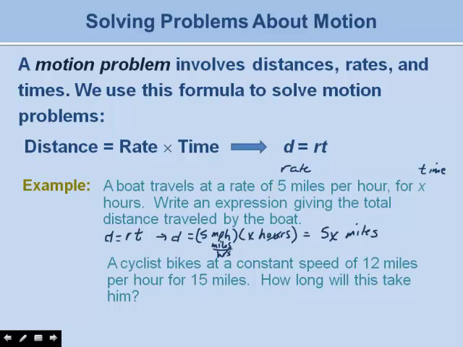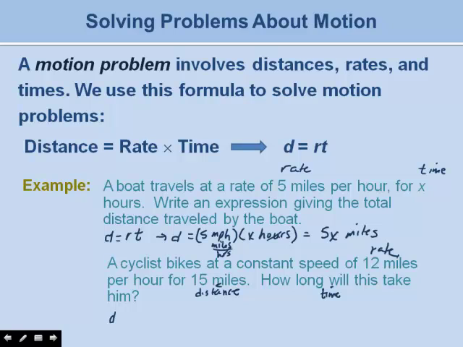Now another one: a cyclist bikes at a constant speed of 12 miles per hour for 15 miles. How long will this take him? So when we talk about a speed, that's the same as a rate. So this is a rate. And if we say he travels for 15 miles, that's actually a distance. And when it's asking how long this will take him, that's asking for the time.